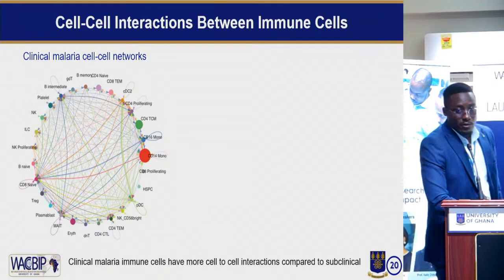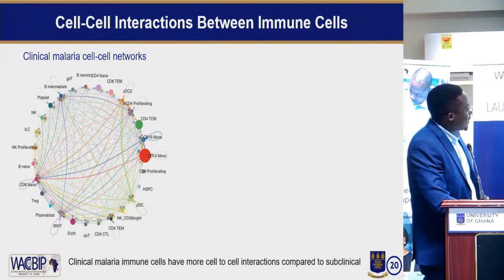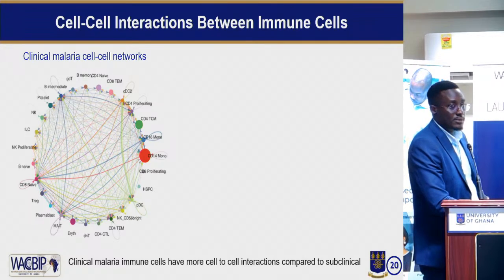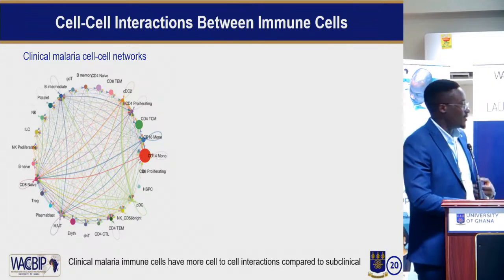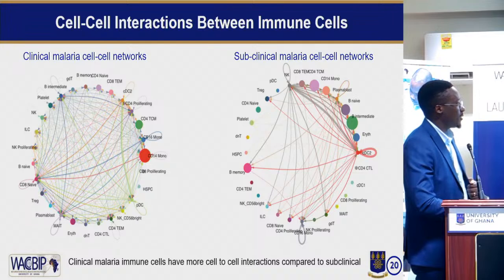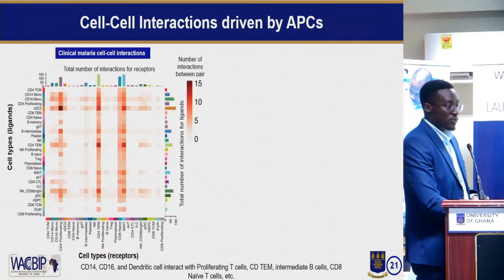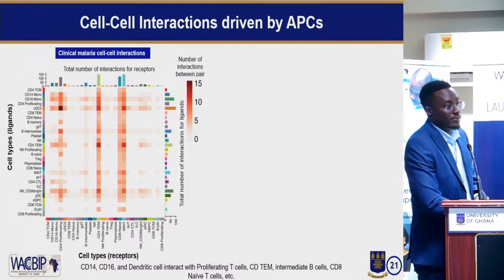So moving forward, we looked at the cell-to-cell interactions, and what you can see is that in clinical malaria infections, all the different immune cell types that we found tend to have more cell-to-cell interactions compared to when you look at them in subclinical malaria infections. And if we try to quantify these interactions, this plot is showing all the different cells that are producing ligands and their respective cell receptors.